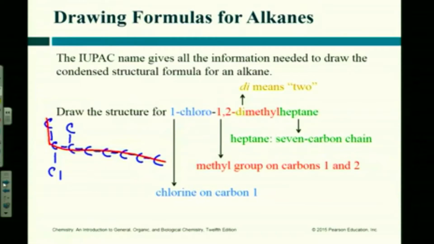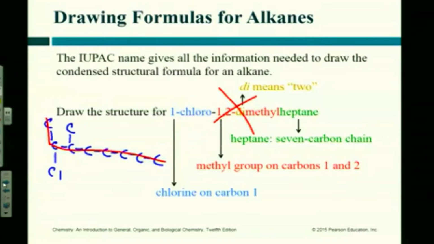I can now draw 8 carbons in a row. You can never have a methyl or ethyl or propyl on the 1 carbon. So this slide is wrong. Somebody messed it up. The other stuff is good.